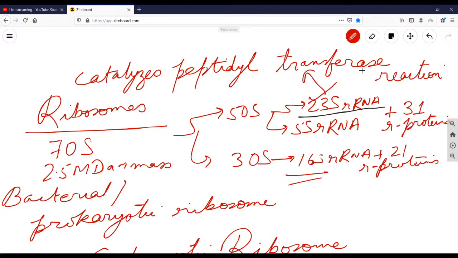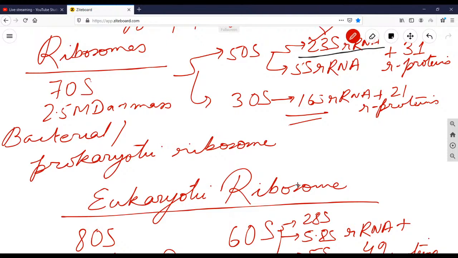Therefore, the ribosome is also known as a ribozyme because its rRNA can act as an enzyme. And ribosomes are also known as ribonucleoprotein because they are made up of rRNA and protein, both.